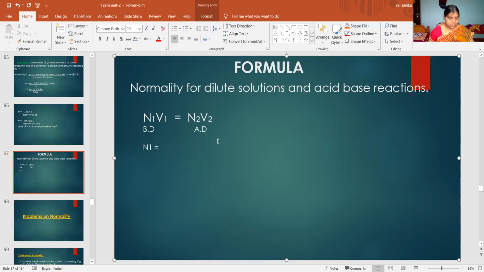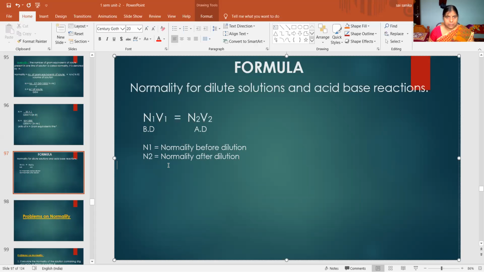N1 is normality before dilution. And N2 is normality after dilution.